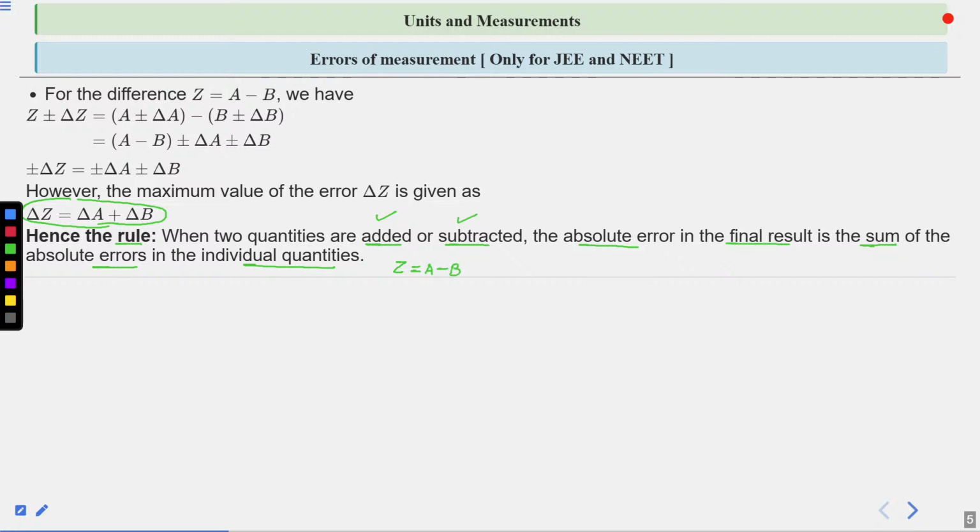So the total absolute error is delta Z is equal to delta A plus delta B. This is the total absolute error. So the absolute error of A is delta A, and the absolute error of B is delta B. Clear?